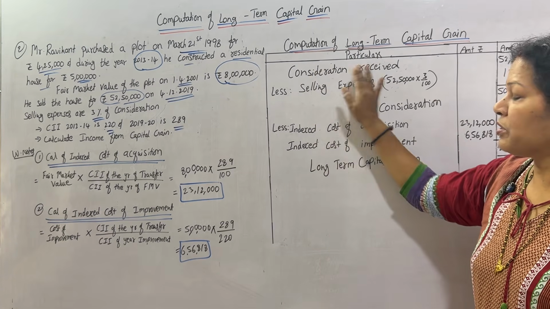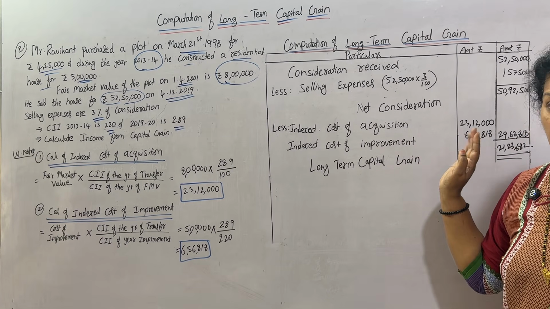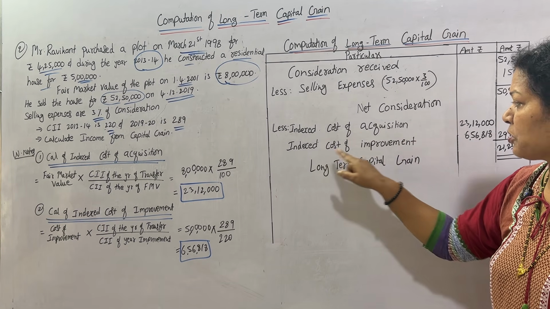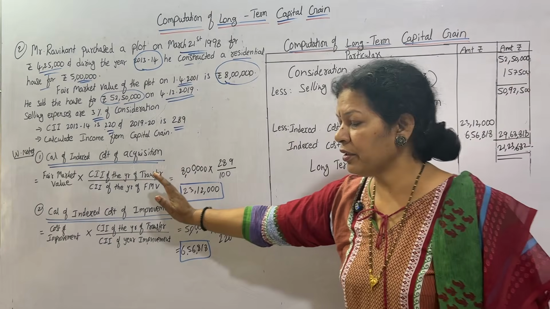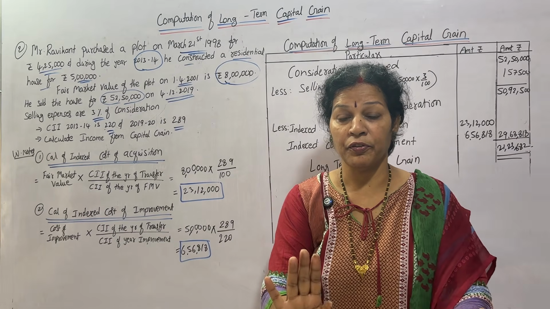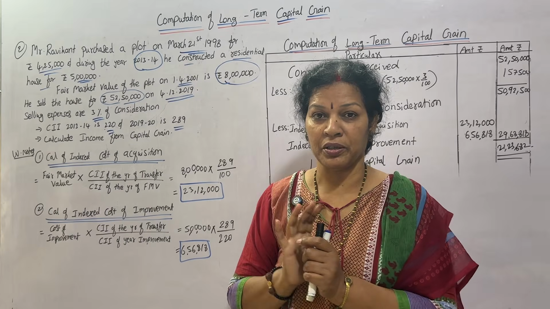First, consideration minus selling expenses gives you net consideration. From net consideration you deduct indexed cost of acquisition and indexed cost of improvement. How do we calculate? We have seen the formula; be careful and remember it, and follow the CII values which are given to us.